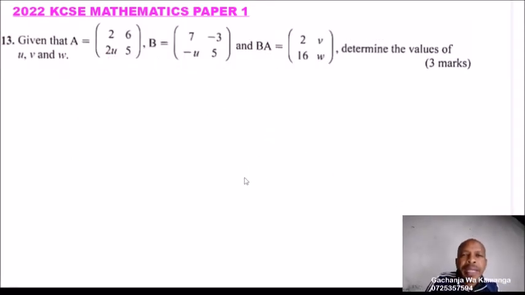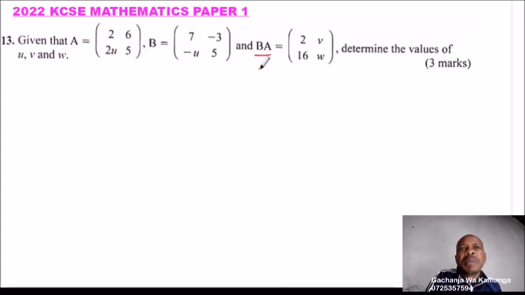Question number 13, KCSE Mathematics 2022, paper 1. We are told, given that A is a matrix equal to 2, 6, 2u, 5, B is equal to 7, minus 3, minus u, 5, and BA is equal to 2v, 16w, determine the values of u, v, and w.